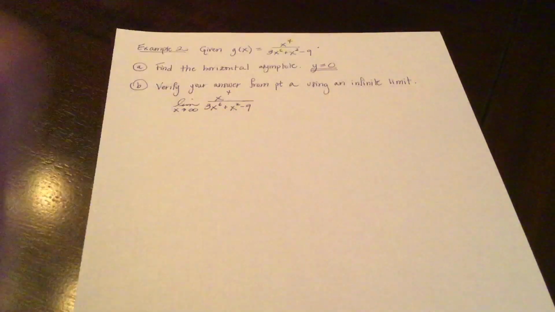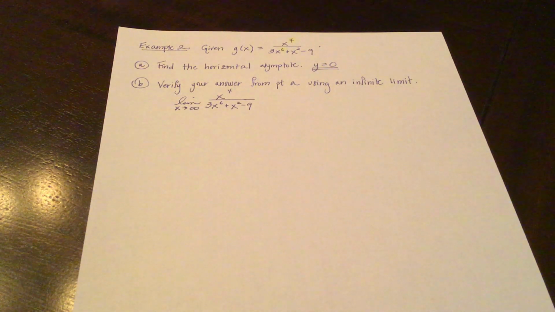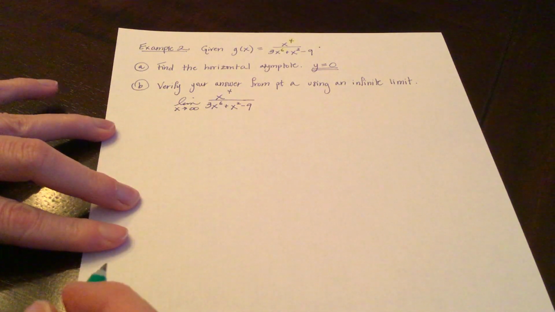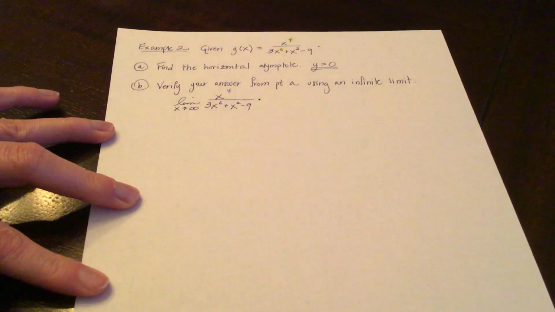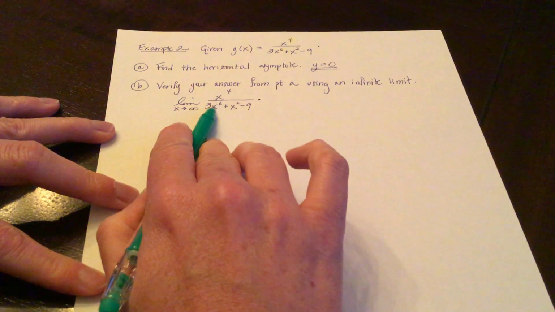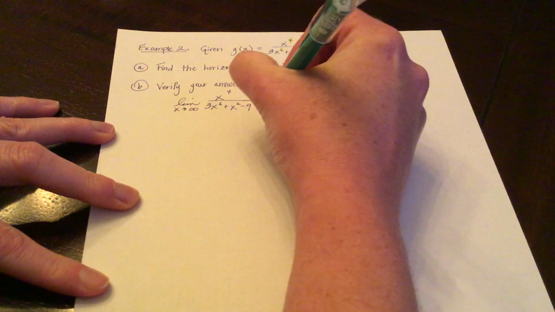If you tried direct substitution, which is really kind of a no-no when it comes to infinity, you will get an indeterminate form of infinity divided by infinity. So instead, we're going to create a cosmetic change here. So we're going to multiply, look at the degree of the denominator, it's 6. So we're going to multiply by 1 over x to the 6th over itself.